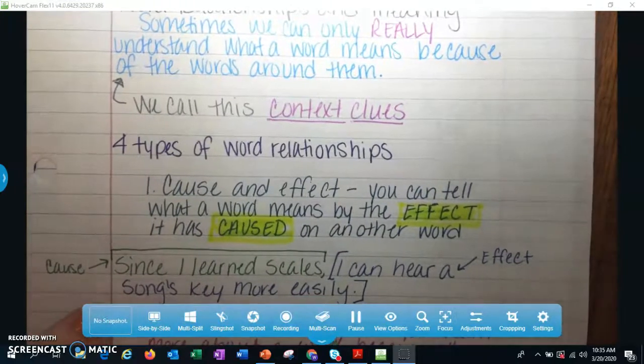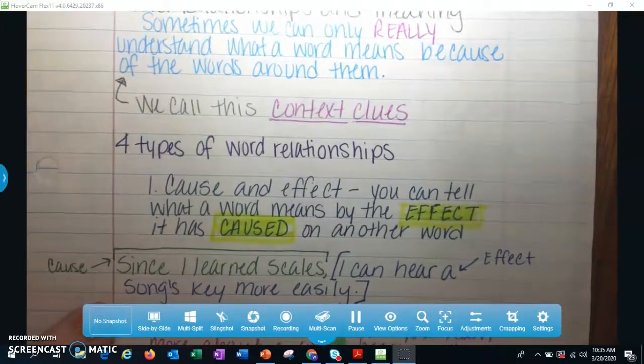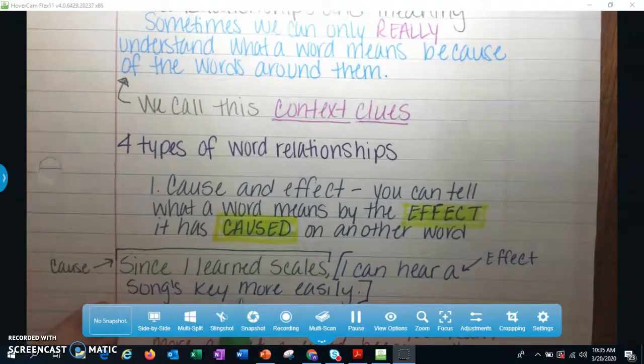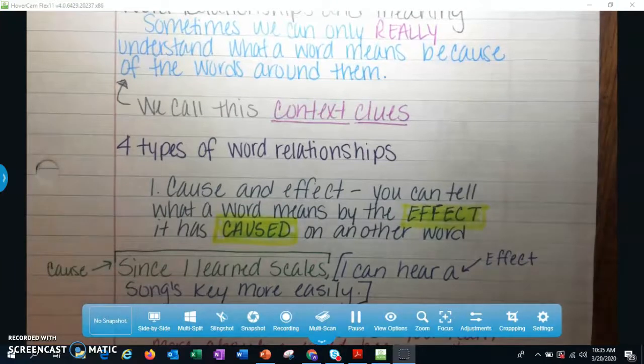That means that you could make an inference that before she learned scales, she couldn't hear a song's key easily. So because this cause created this effect, I can make an inference that without that cause, that effect was not true. Okay? That just helps me understand the way that the author is using words in a story or in a text to help you find deeper meaning of what the author's writing.